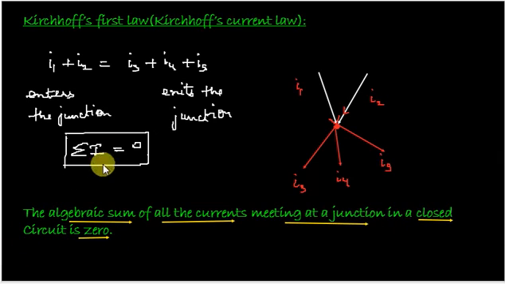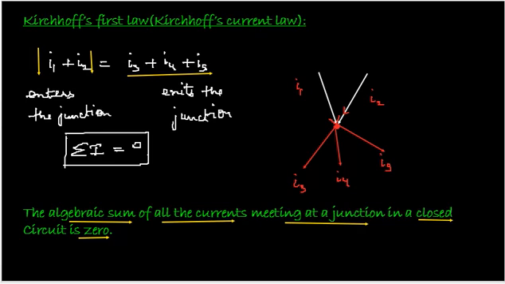When we say summation I is 0, we are saying that whatever amount of current enters the circuit, the same amount of current would leave the circuit. There can't be a current entering or exiting more than the other. So I1 plus I2 is equal to I3 plus I4 plus I5.